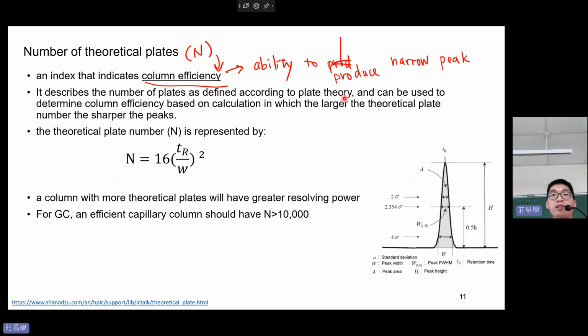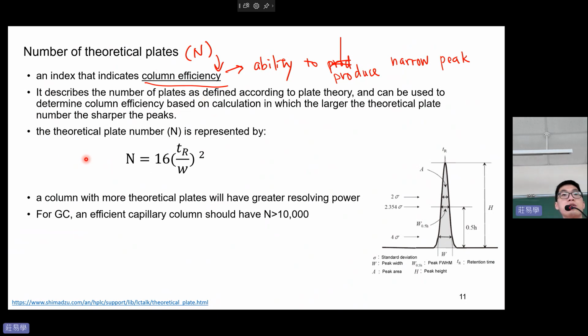And the theoretical plate number can be used to determine column efficiency based on calculation, in which the larger the theoretical plate number, the sharper the peaks. So here comes the point. The larger the theoretical plate number for a column, the more the column is able to produce narrower peaks.